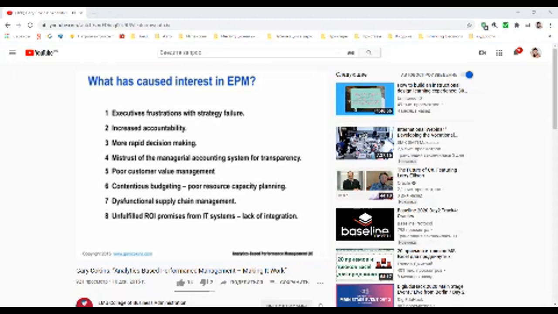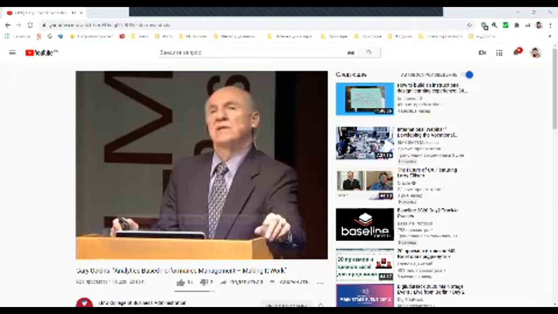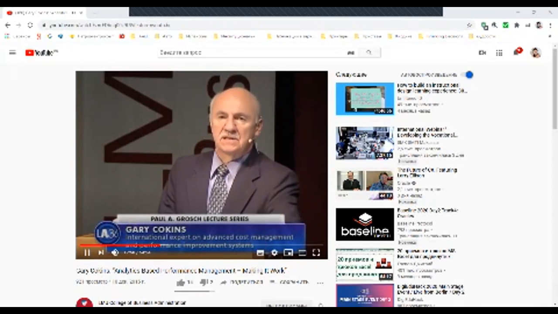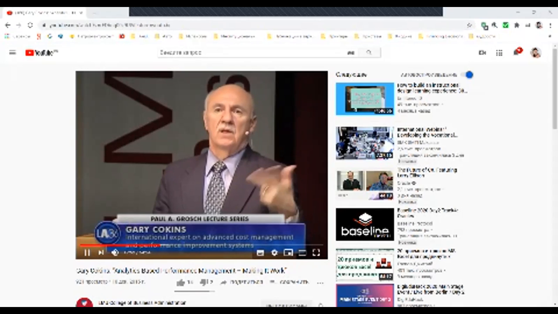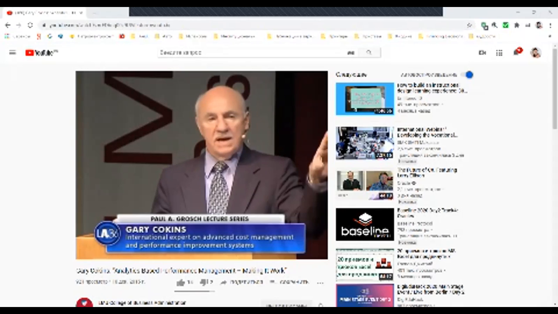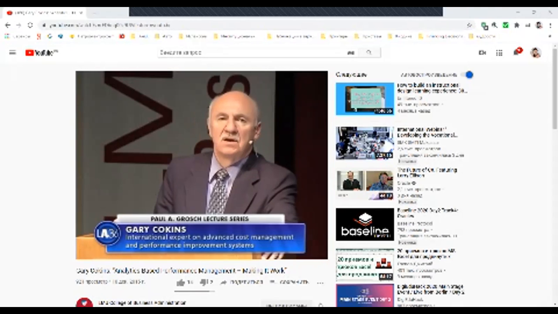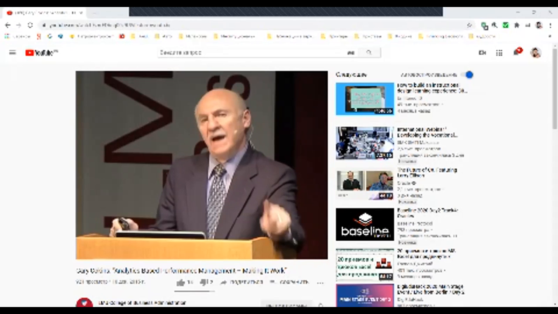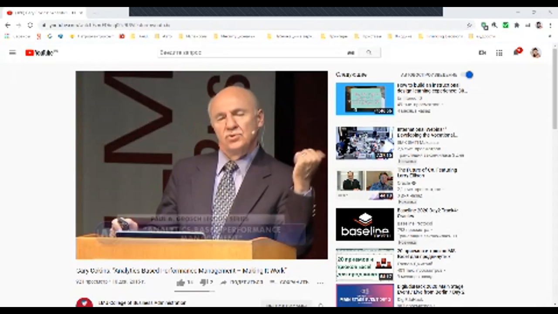And the eighth one, which is probably the most interesting, is unfulfilled return on investment promises from large IT systems or lack of integration. And the observation I'll make here is, if you ask a CIO 3 years after they put in a large ERP system from SAP, Oracle, IBM, Infor, JD Edwards, and I'm not taking cheap shots at these vendors, did you get the ROI that that software salesman told you you would 3 years earlier?